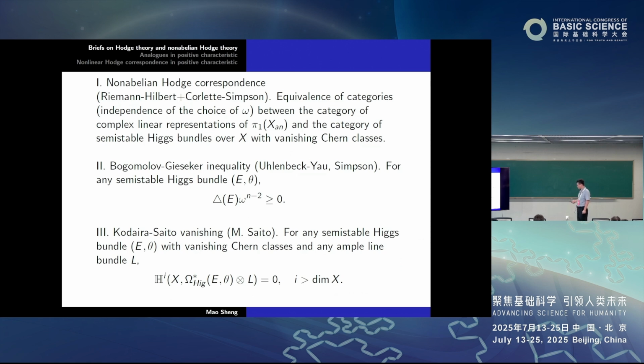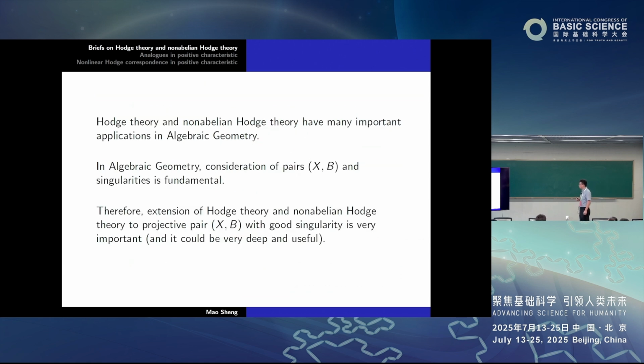The original Kodaira vanishing is the case where (E, theta) is the trivial one. E is the trivial bundle, theta is 0. And this statement, this vanishing, exactly reduces to the Kodaira-Nakano vanishing theorem. Okay. So this is a brief on this.